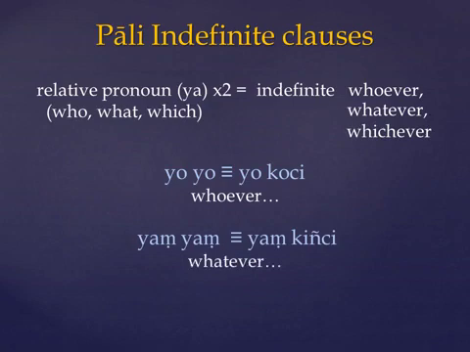This is actually an example of a general rule in Pali, and that is repeating any term can intensify that term, in a sense giving it the meaning very much so. And when a pronoun is repeated, it means that they express a broader, more general meaning, which in practice makes them indefinite.